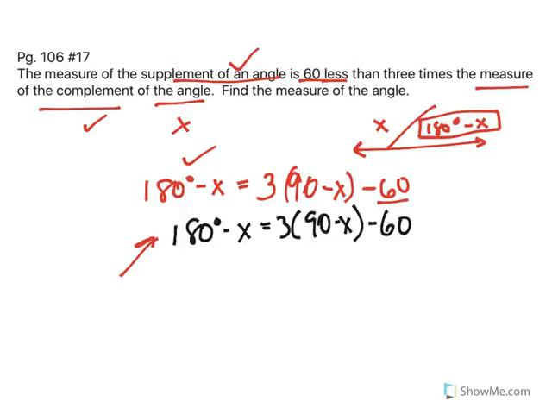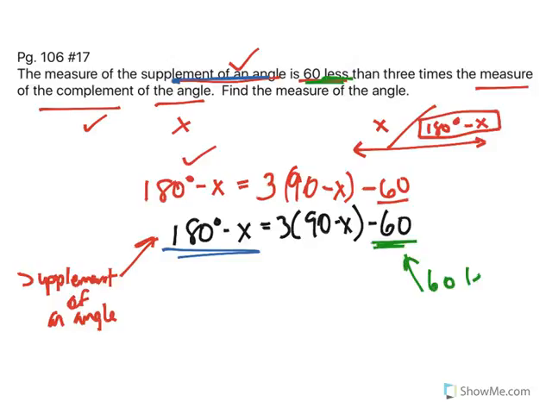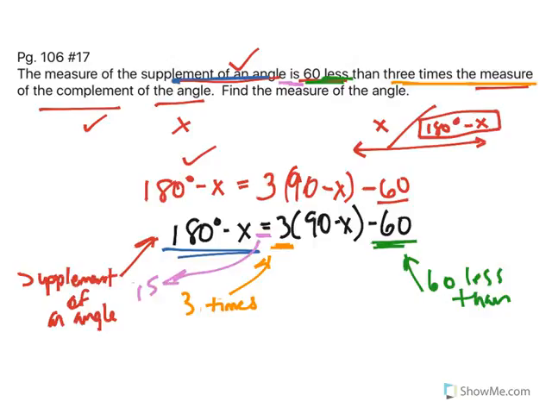So this 180 minus X came from this part of the problem. 60 less than, this part came from here. 60 less than 3 times the measure, 3 times, is, this is the is, and this part here is the complement of the angle, right here.